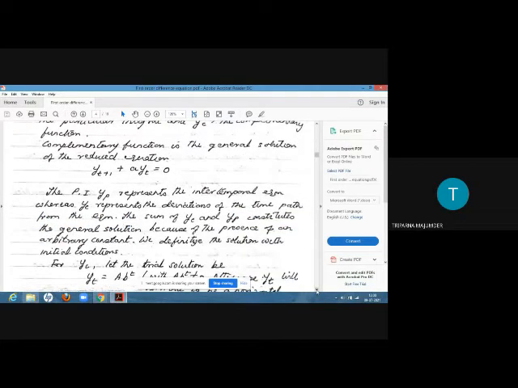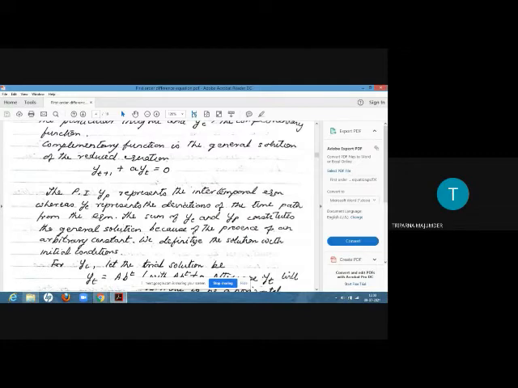The particular integral y_p represents the intertemporal equilibrium, whereas y_c represents the deviations of the time path from the equilibrium. The sum of y_c and y_p constitutes the general solution because of the presence of the arbitrary constant.